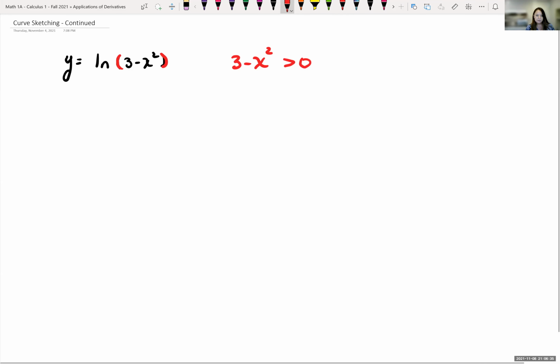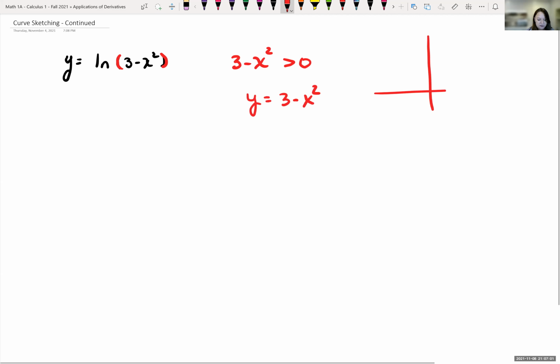And so kind of think back to algebra when we're solving a nonlinear inequality. This is where we found values which set it equal to 0. Those were our critical numbers, and we could test values, or we could actually graph this too. That actually might be faster. It doesn't matter. If we graph it, think of this as graphing y is equal to 3 minus x squared.